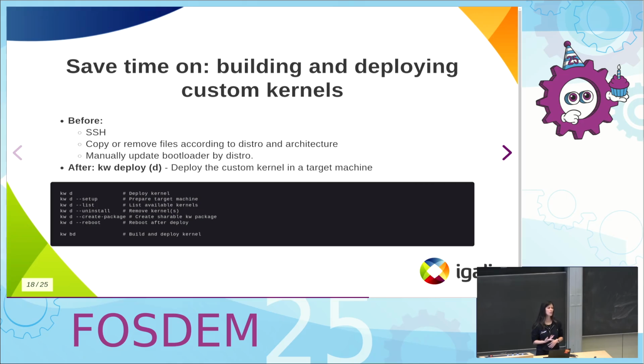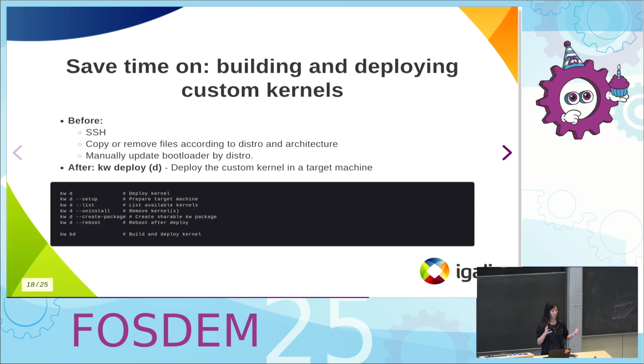You can list the available kernels, custom kernels, or those from the distribution that are already installed there. Remove kernels, create a shareable package, and you can just put some settings like, after deploying this kernel, I just need to reboot to check if the new custom kernel and everything I need to check is okay. I don't need to SSH again and do this.